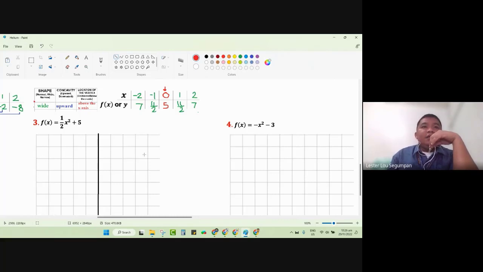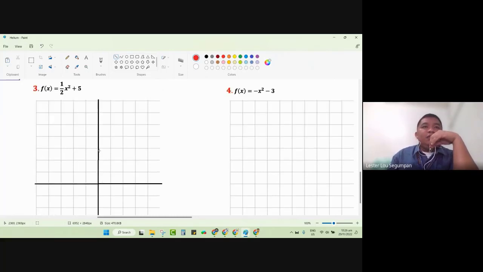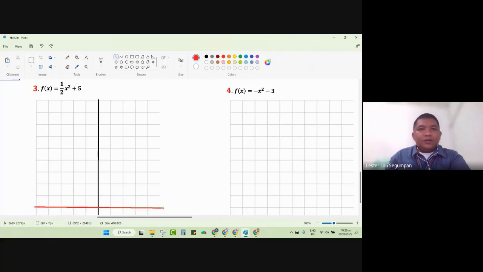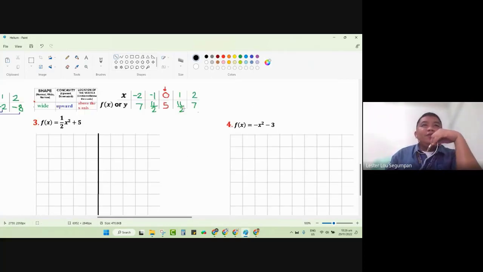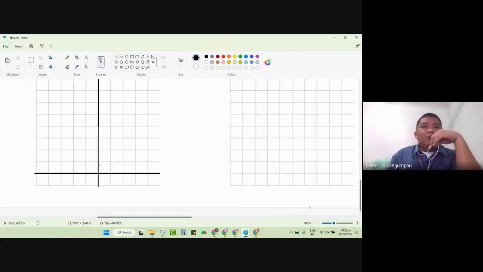So 1, 2, 3, 4, 5. Again, 1, 2, 3, 4, 5. Let's make the x-axis a little bit lower. Right now. Okay. For the vertex, it's 0, 5. So 0, 1, 2, 3, 4, 5. It's again 1, 2, 3, 4, 5. It's here.